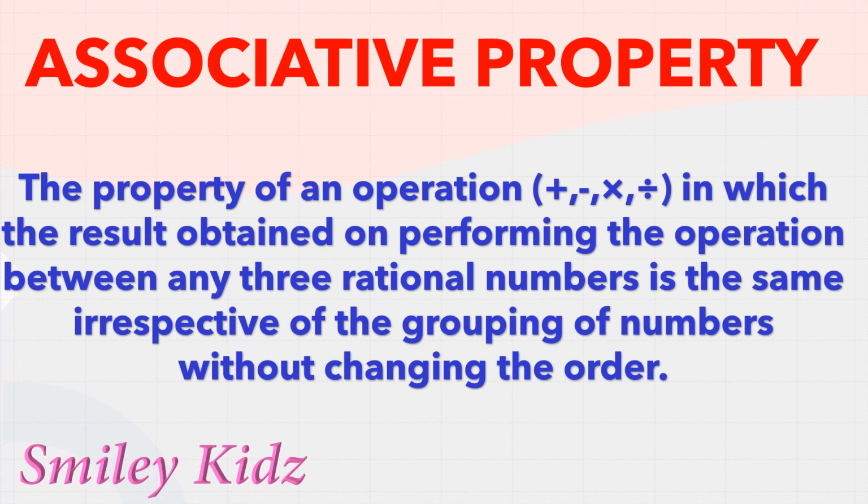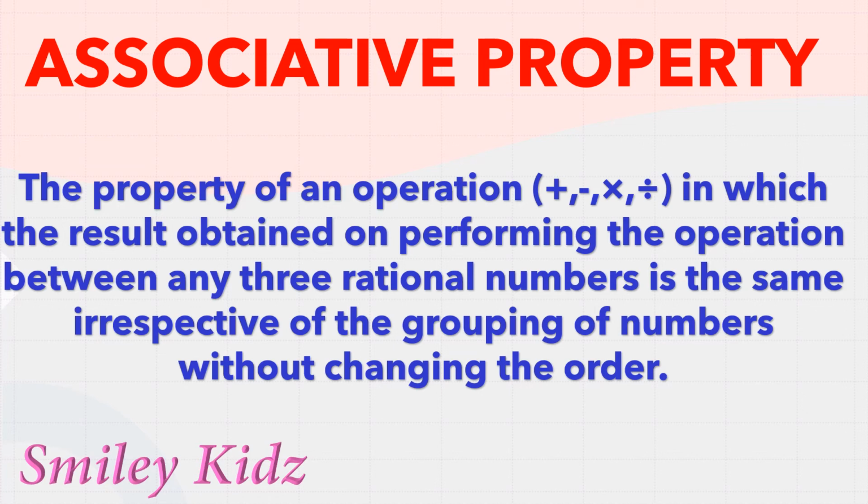What is associative property? The property of an operation, that is addition, subtraction, multiplication or division, in which the results obtained on performing the operation between any three rational numbers is the same irrespective of grouping of numbers without changing the order.